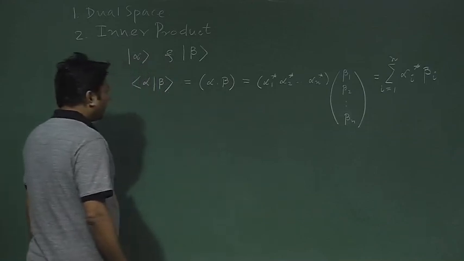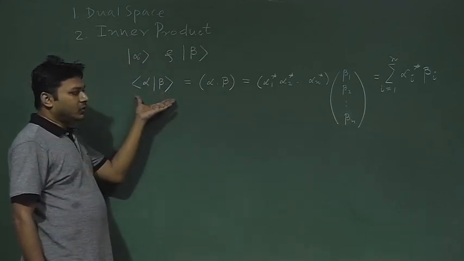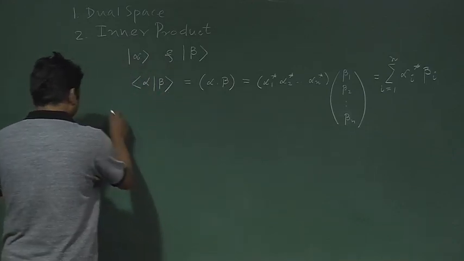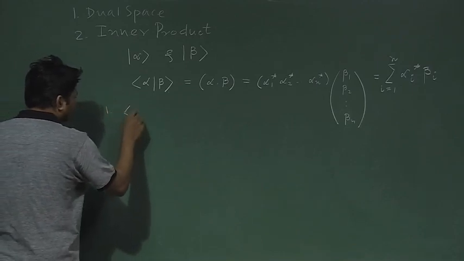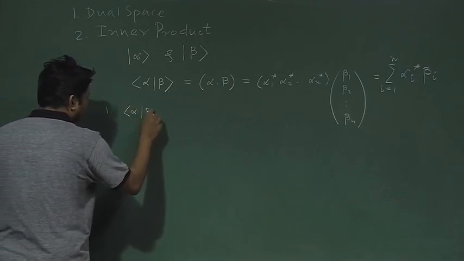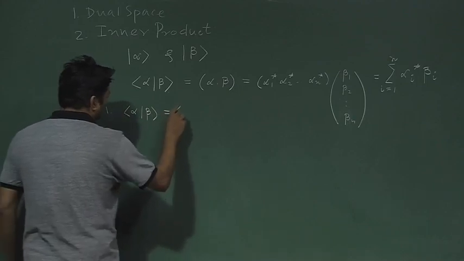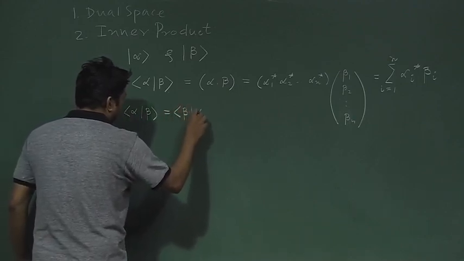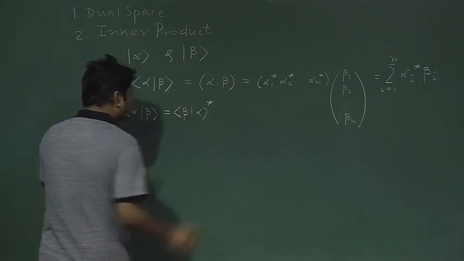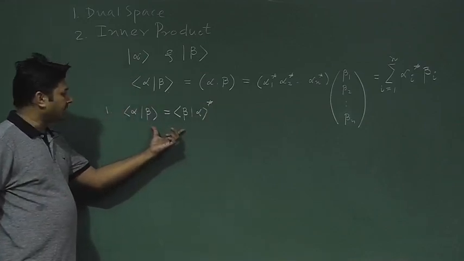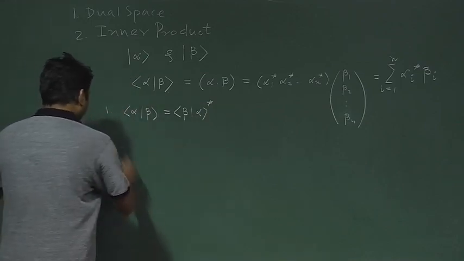Now, this inner product follows a few properties. For example, (alpha, beta) is equal to (beta, alpha) star, which we have already proved in our previous class.